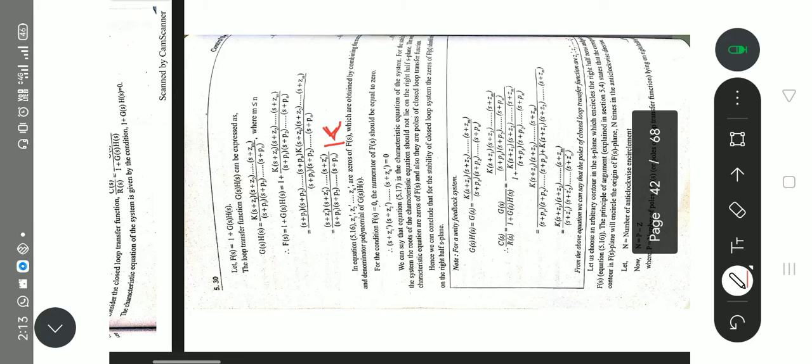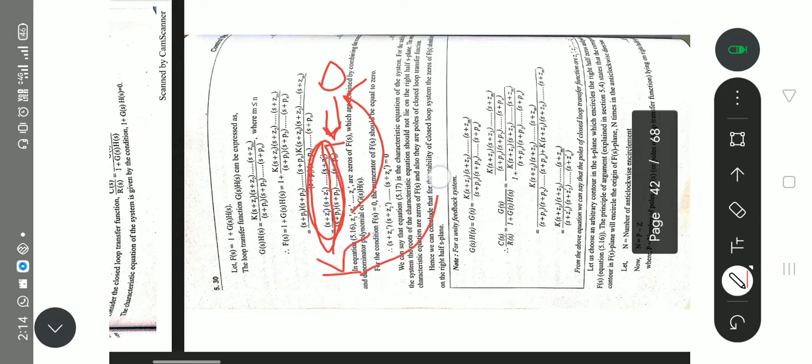Here F(s) is equal to 0. I am taking the numerator term equal to 0. So from this side, (s plus p1) into (s plus p2) and so on, (s plus pn) is equal to 0, and (s plus z1 dash) into (s plus z2 dash) and so on, (s plus zn dash).